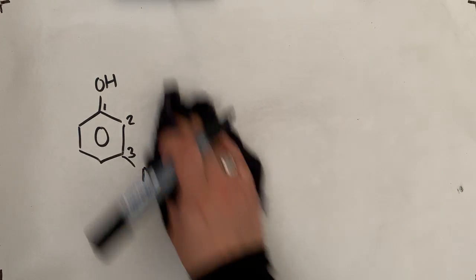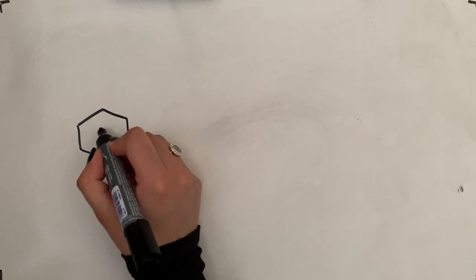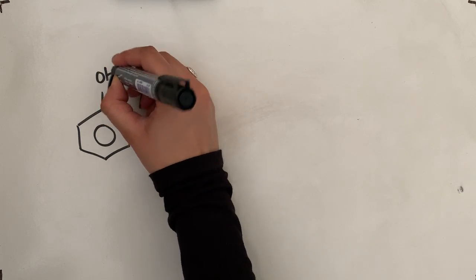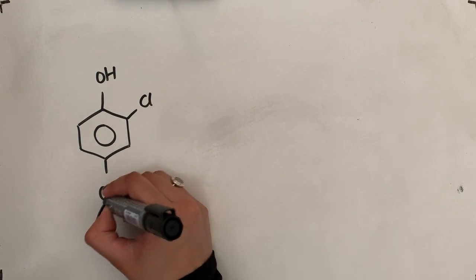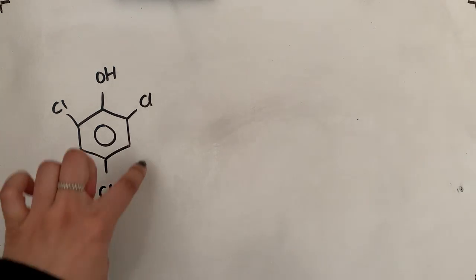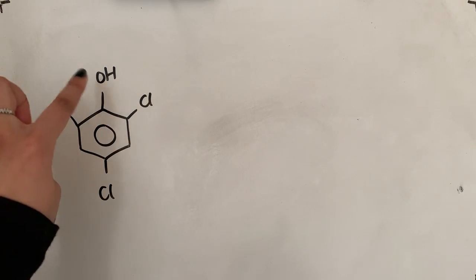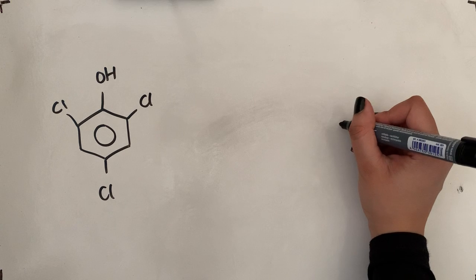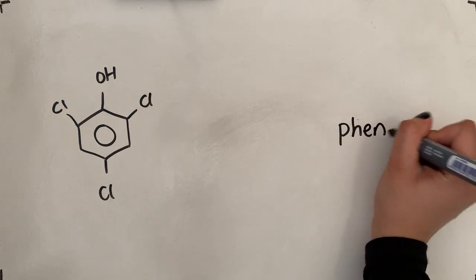So to do another example, like so. So again, we have chloro substituents over here, and our parent compound is the phenol part. So the name's going to end in phenol.